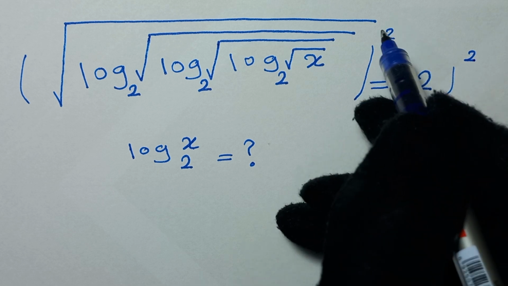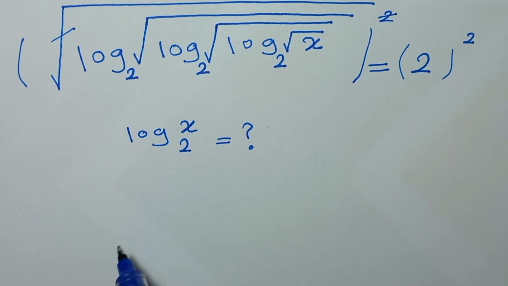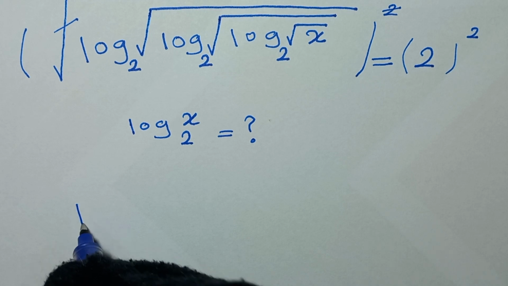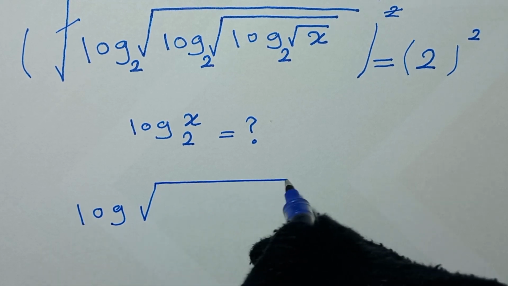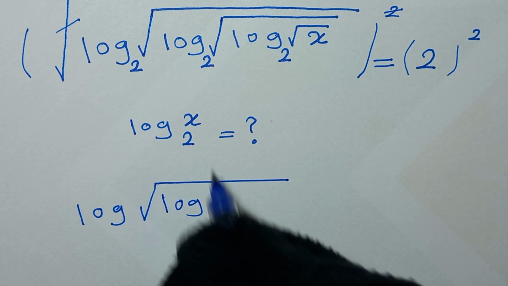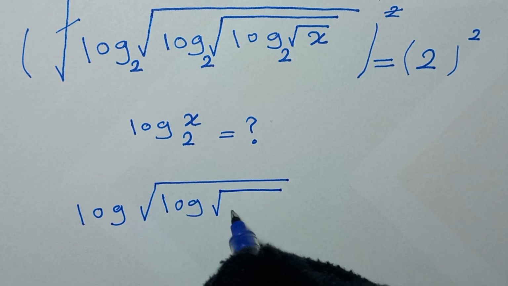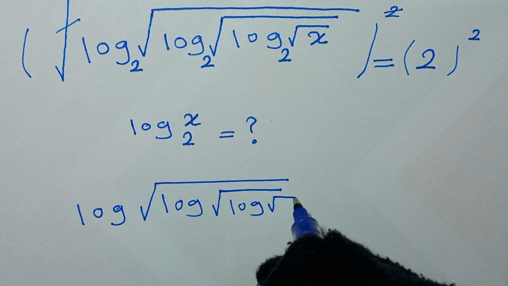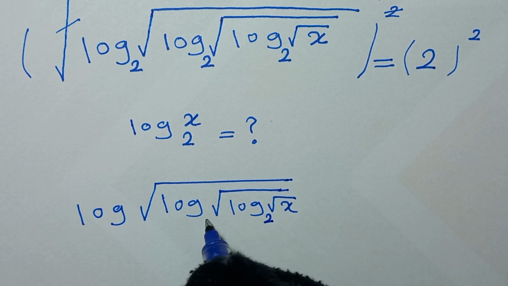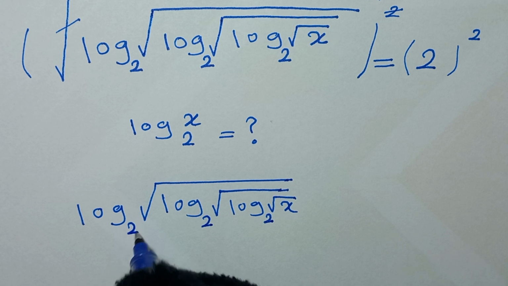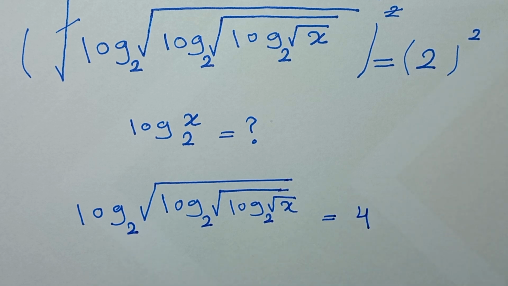Here, the square root will cancel, and it will be log of square root of log of square root of log of square root of x, where the base for all these logs is 2, equal to 2 to the power of 2, which is 4.